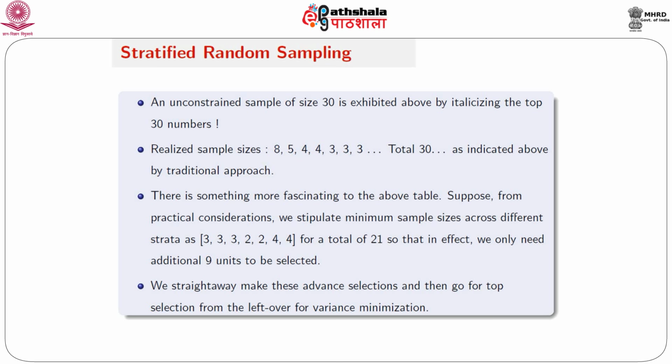So the traditional approach gave me 8, 5, 4, 4, 3, 3, 3. By using this technique, we come up with 8, 5, 4, 4, 3, 3, 3 instantly by referring to the values of the top selection according to this method.